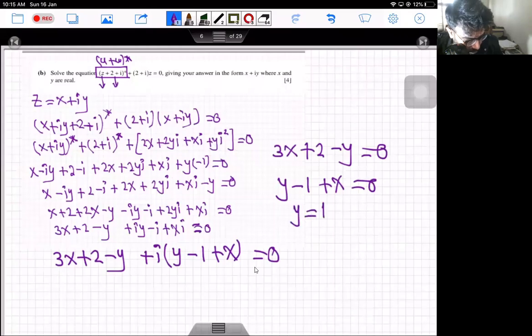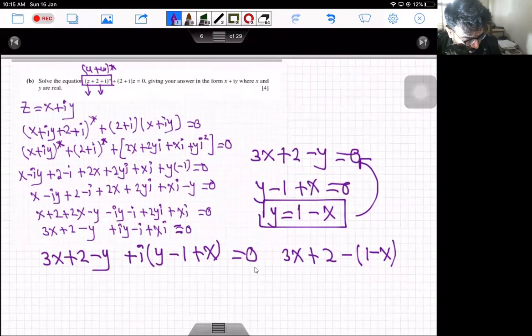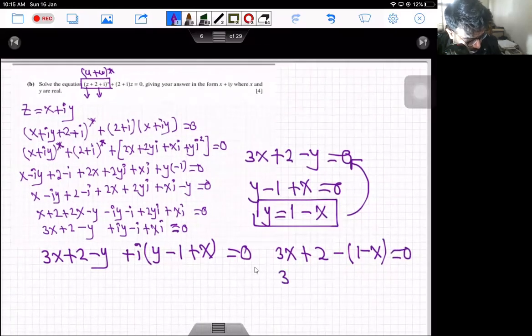So y is equal to 1 minus x, and we can substitute this into the first equation. So 3x plus 2 minus y is equal to 0, and in place of y I can write 1 minus x. So 3x plus 2 minus 1 plus x is equal to 0.